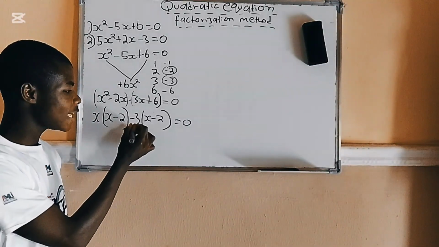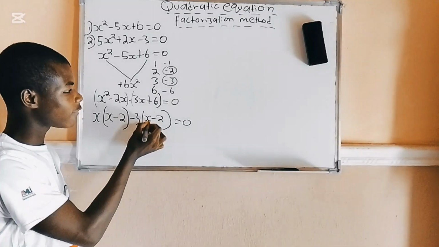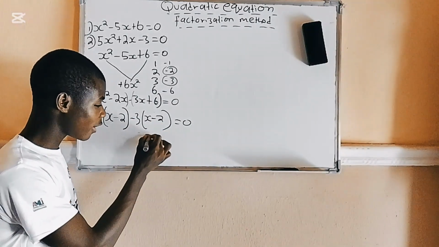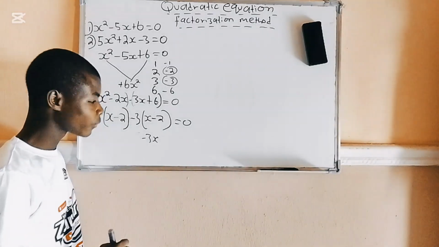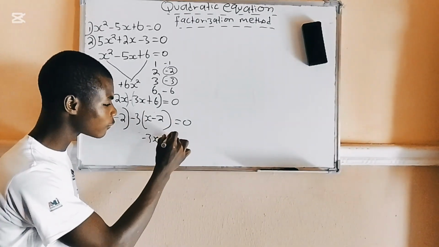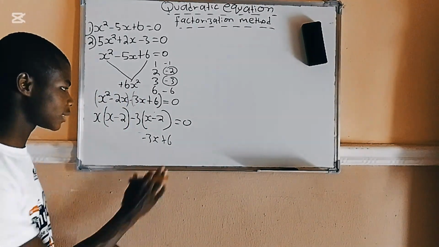Wait and see. If I say minus 3 multiplied by x, it will give me minus 3x. Yes. And therefore, minus 3 multiplied by minus 2 will give you positive 6. And this is what we have here. I hope you get it.